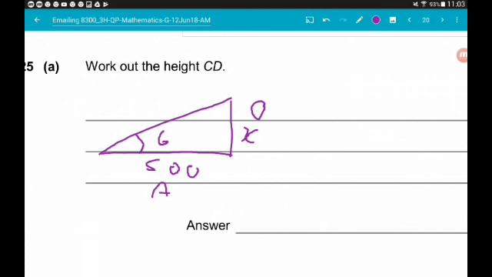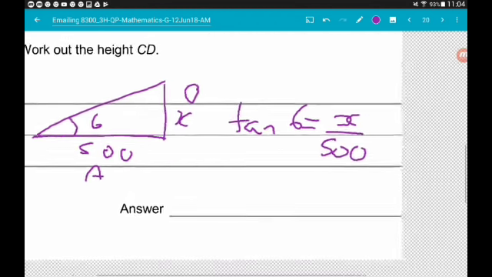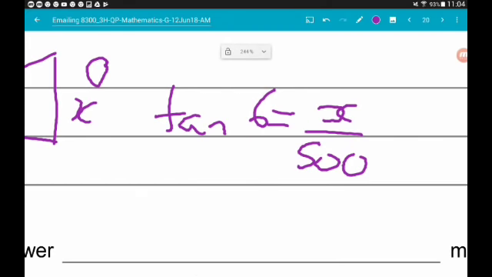So, SOHCAHTOA tells us tan of 6 is the opposite, so x over the adjacent, 500. To get x on its own, we multiply through by 500.